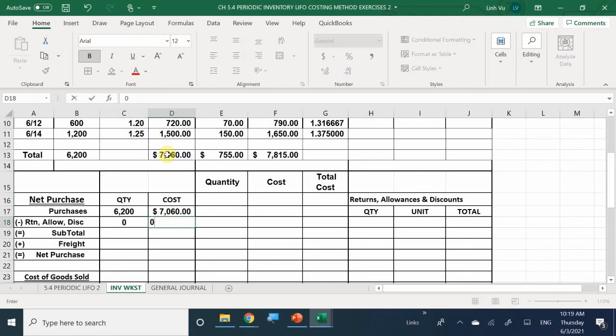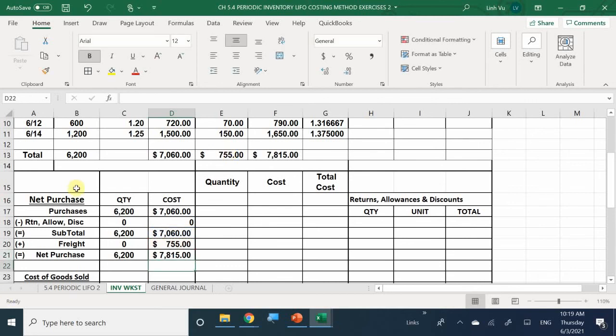We have no returns or allowances, so you should be getting the same exact number for your subtotal. What was your freight? $755. Okay, we're going to add up these columns. So 6,200 should stay the same, but what's the cost of my total net purchases?